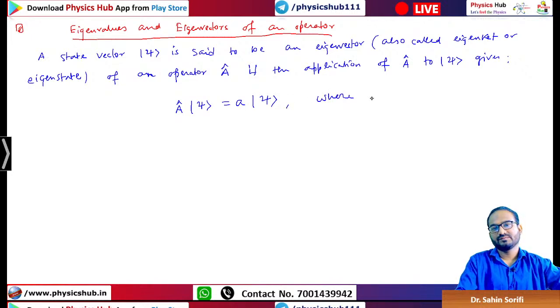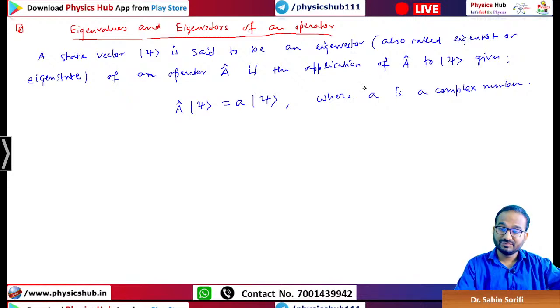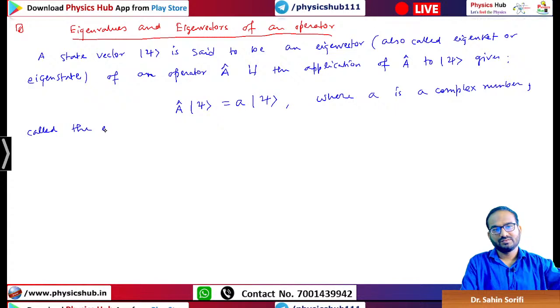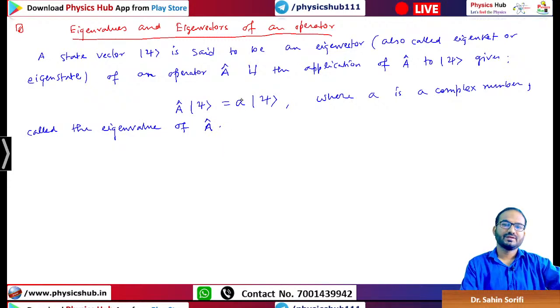This small a is a complex number. Complex number is very general. If you take a star and if it gives you the same number back, we can say that that is real. Otherwise, complex is the more generalized one, where a is a complex number called the eigenvalue of A. Okay, a is the eigenvalue, psi is the eigenvector.